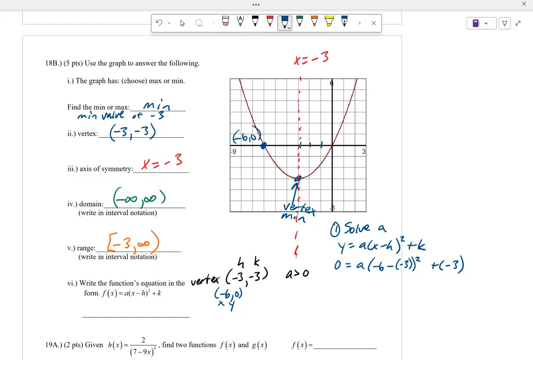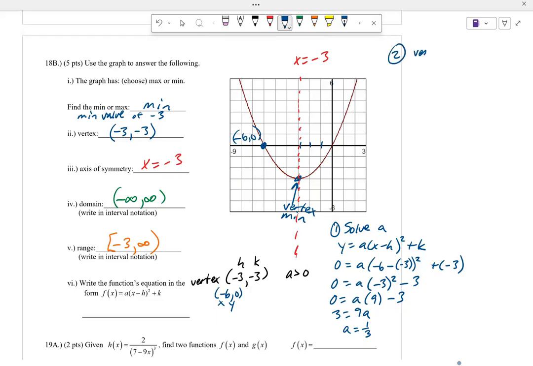See how we have hk, x, and y there? And we can solve for a. So we got 0 equals a times (-6 plus 3), which is -3, squared, plus -3. 0 equals a times 9 minus 3. Let me add 3 to both sides. So 3 equals 9a. Divide by 9. 3/9 is 1/3. So now we know a is a third.